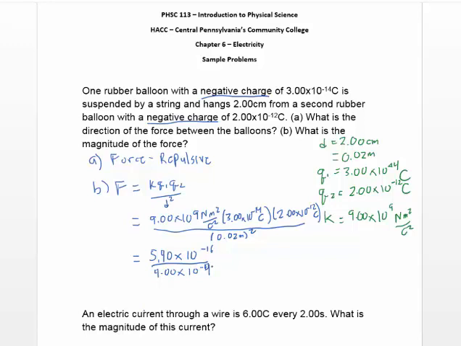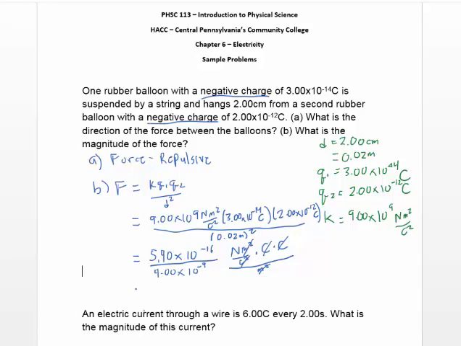Now let's look at our units here. Our units were newton meters squared per coulomb squared in the numerator, times coulombs, and then divided by meters squared in the denominator. So the meters squared cancel, and these two coulombs cancel the coulomb squared, and we get a force just in newtons.